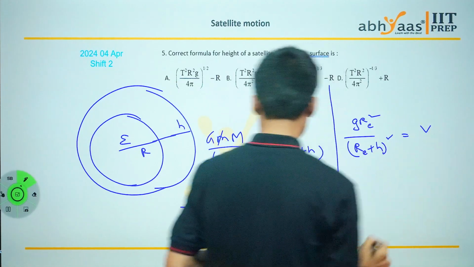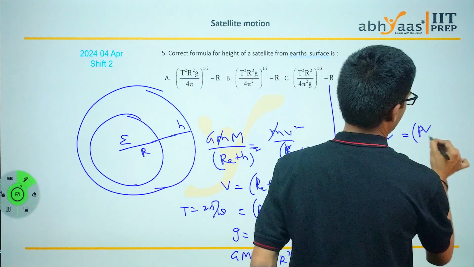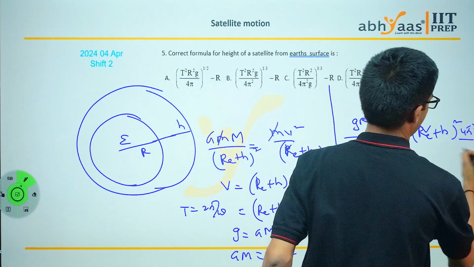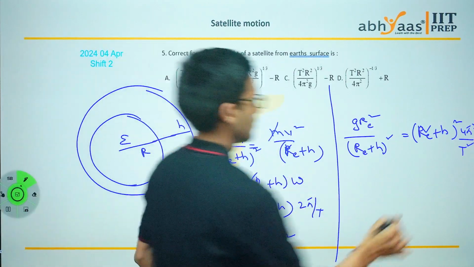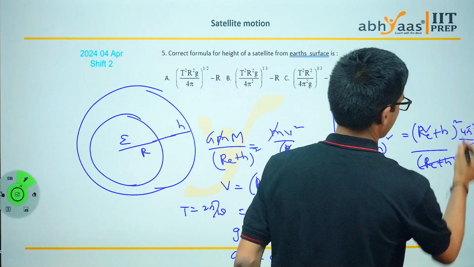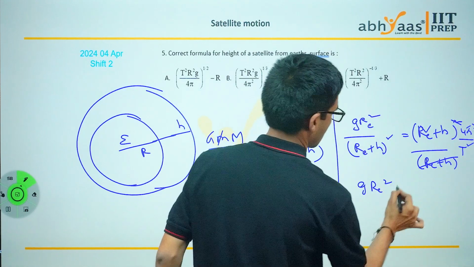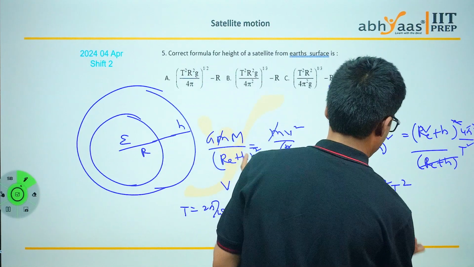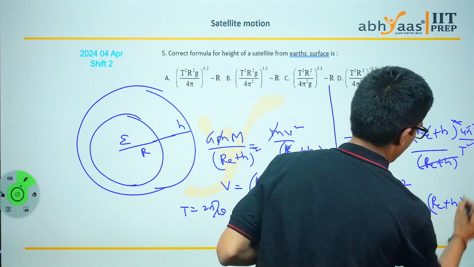So how will v square be replaced? (R_e plus h) whole square, 4 pi square by T square, that is v square, by R_e plus h. One R_e plus h cancelled. So g R_e square T square by 4 pi square is equal to (R_e plus h) whole cube.